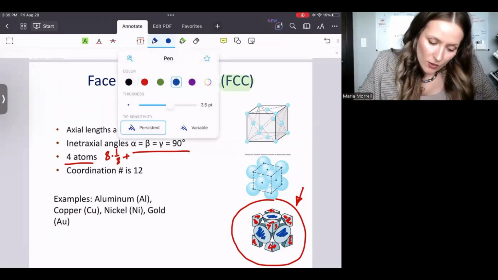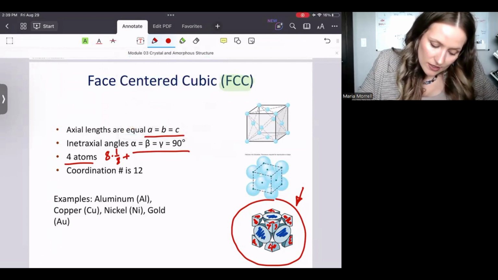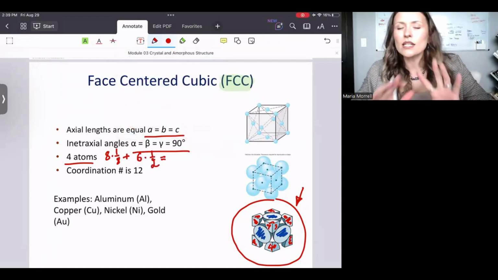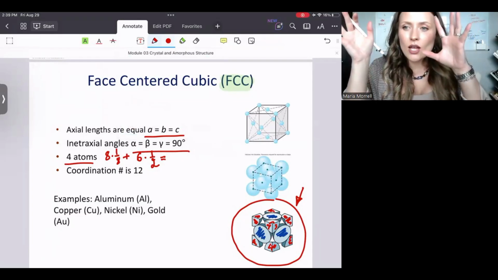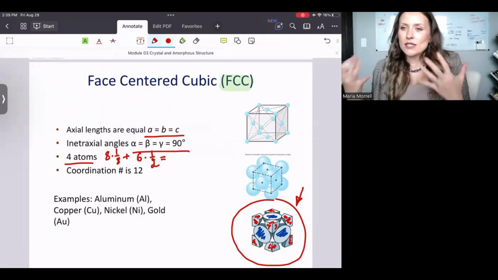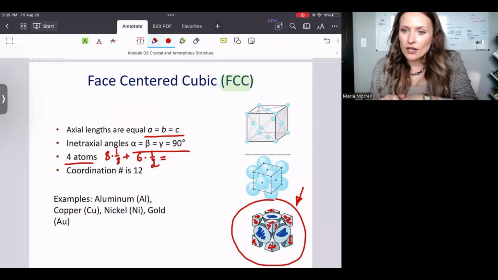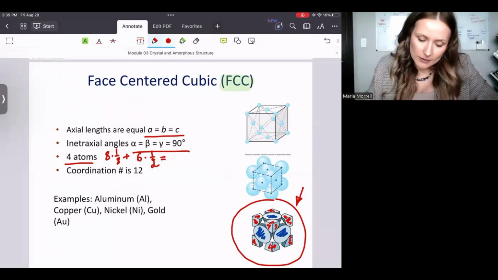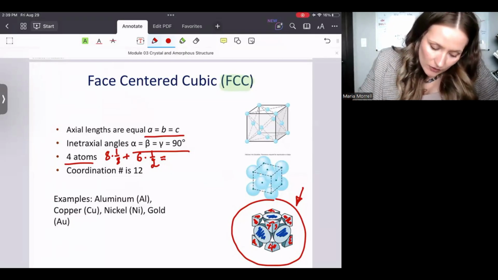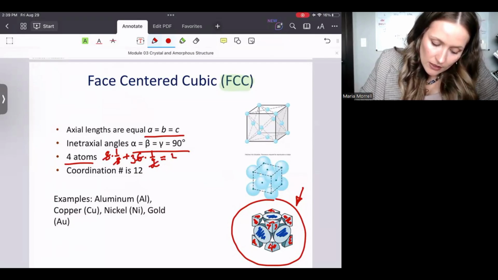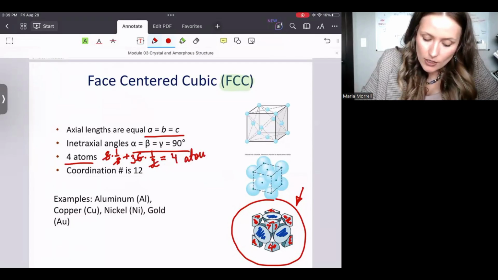Okay, so that means I have 6 times 1/2. Now, hopefully you can visualize it, because some of those we see, they are right in front of us, but you can imagine that you have this half in every single face, and you have 6 faces. With that being said, you have 1 plus 3, and that gives you 4 atoms, okay?